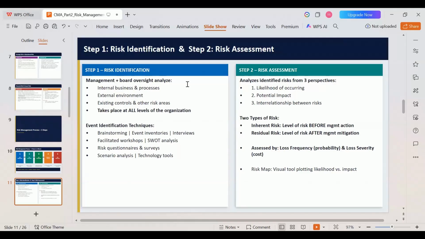In this brainstorming, the chief risk officer or whoever it may concern, the C-suite officers, will hold a session with all the employees, all the managers, and everybody involved in an organization. And they will collect what risk factors they are finding in the business. Note that from lower level till top level, everybody is involved in this brainstorm session.